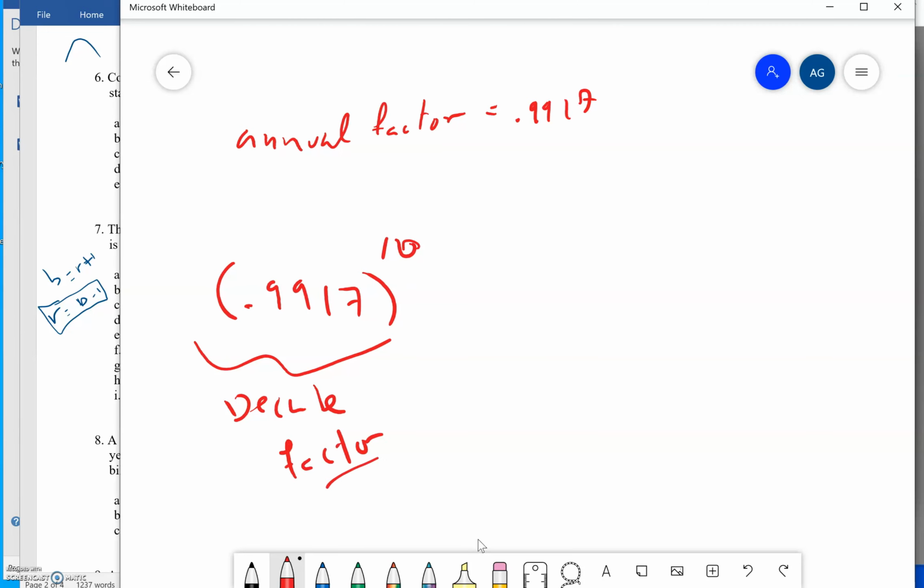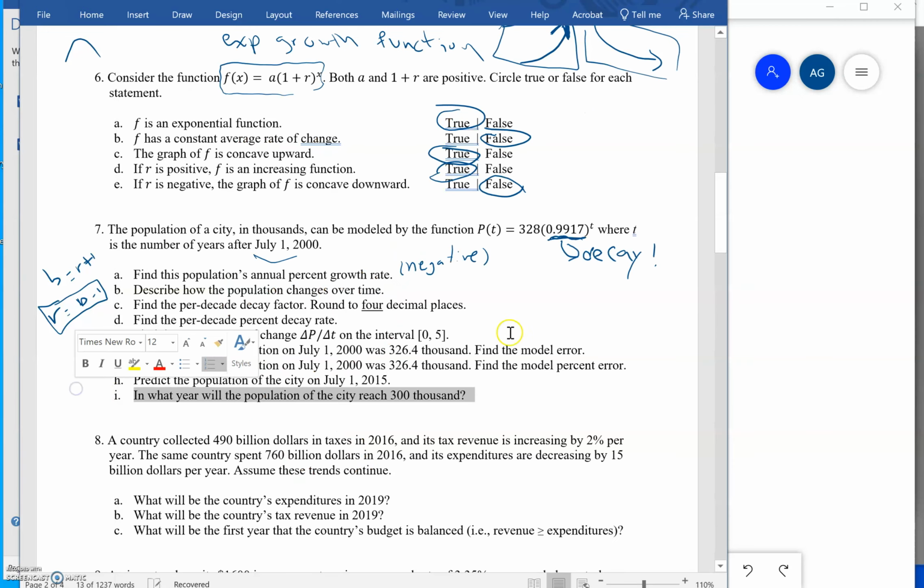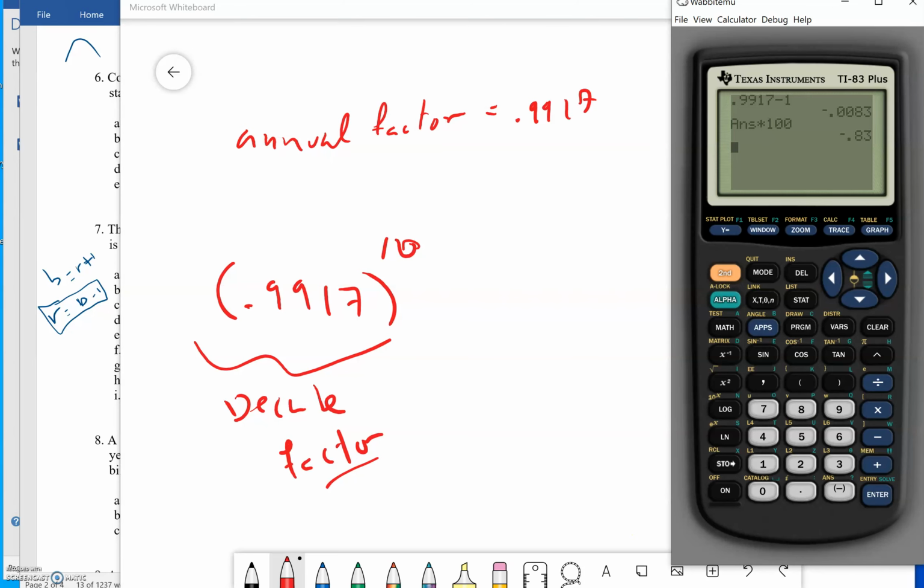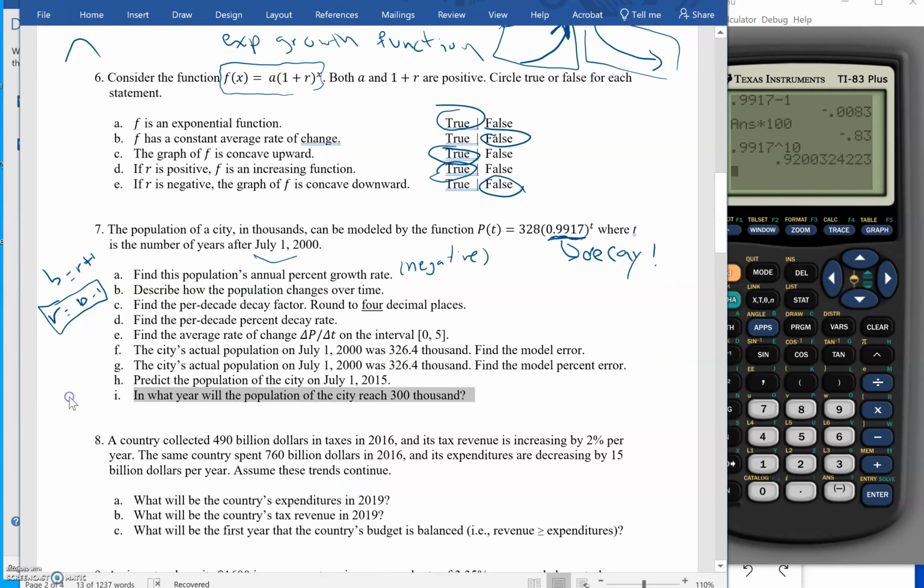So this will be my answer to part C. So let's find it. And so it's 0.9200, and this is not a percent or anything, okay? I think a lot of times when people do these factor questions, they put a percent sign after it or try to subtract from 1 or something like that. But this is the answer, 0.9200, no percent, that's it, okay?